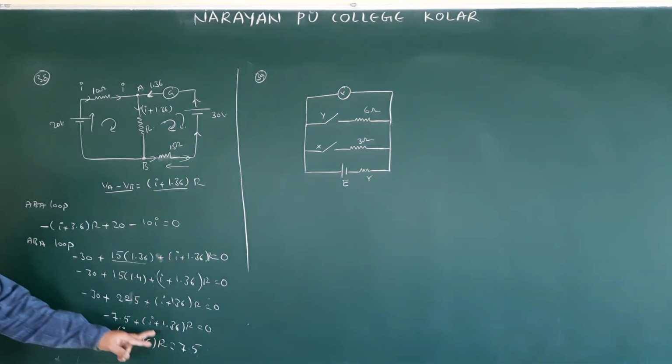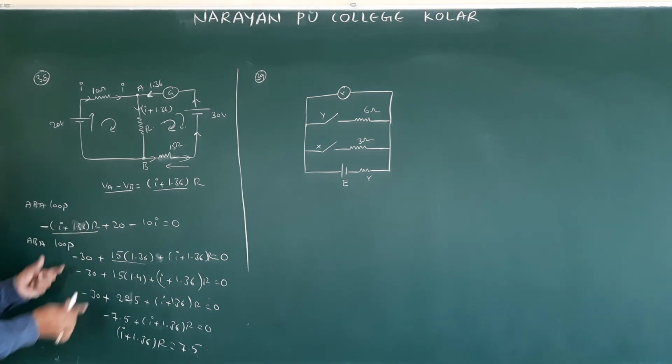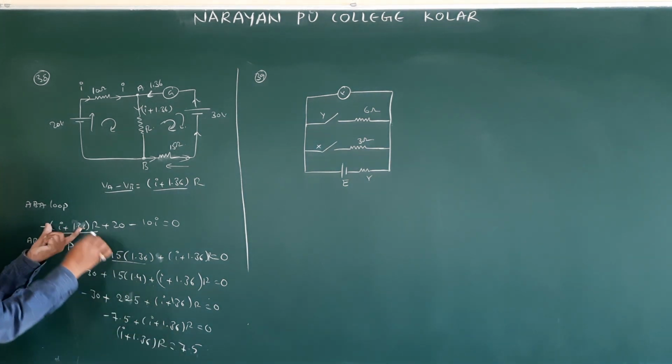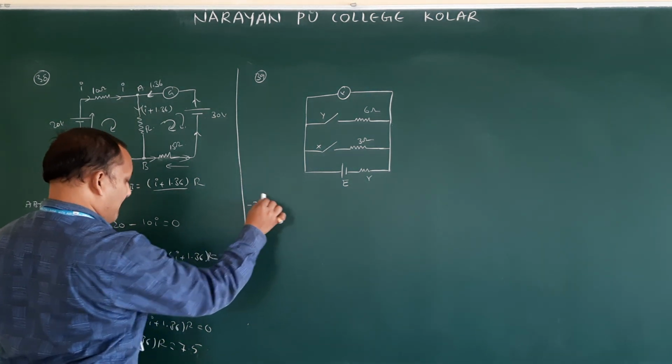Then substitute this value here. So I into I plus 3.6, sorry, 1.36. This is 1.36. So you can substitute this value here, 7.5. So minus 7.5.